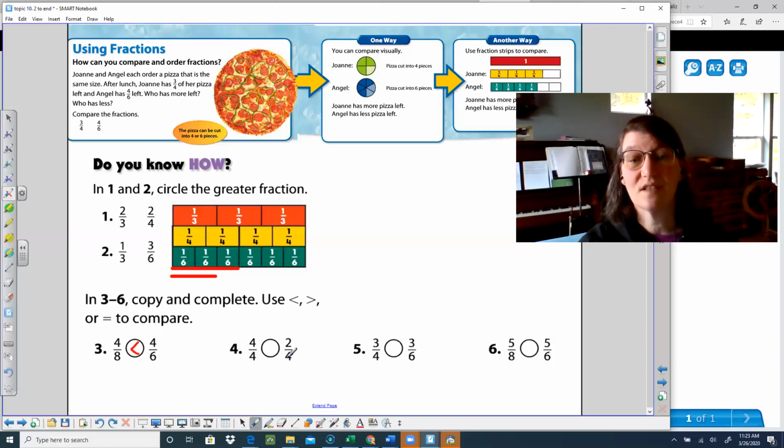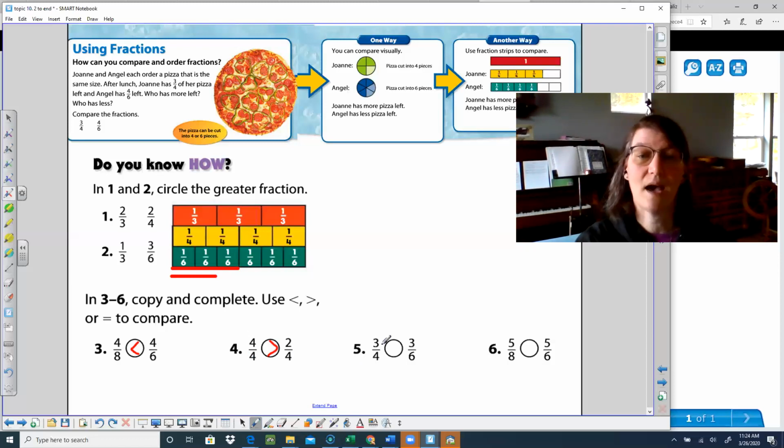They do have the same denominator. So this goes back to a lesson a couple of days ago. If we have fractions with the same denominator, the fraction with the larger numerator is the greater fraction. I'm going to give you a second to do your alligator mouth. And hopefully you went that way on that guy.